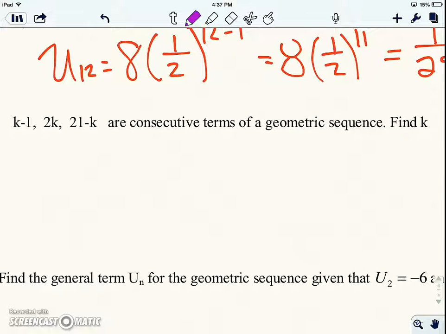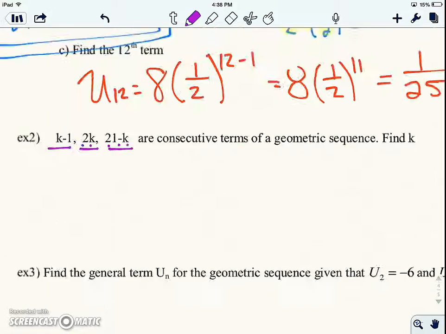So again, we know that we have 3 terms in a sequence. We don't know if they're first, second, or third, fourth, fifth, or whatever, but we know that they're represented by some number minus 1, 2 times some number, and 21 minus that number. Okay?